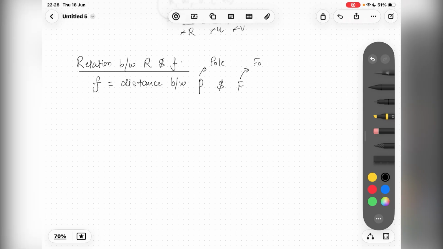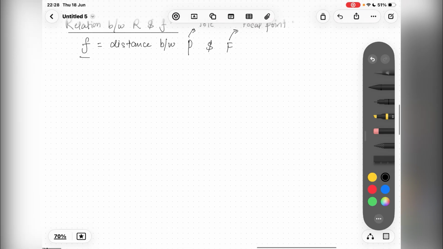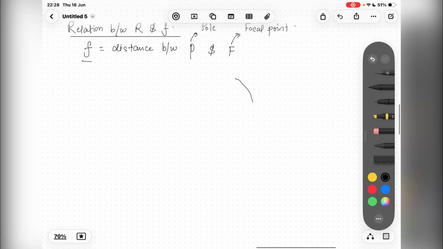F is the focal point. Now suppose we have a mirror and a ray is coming from infinity.